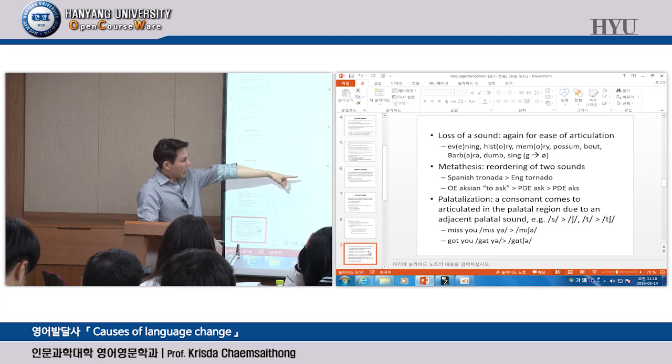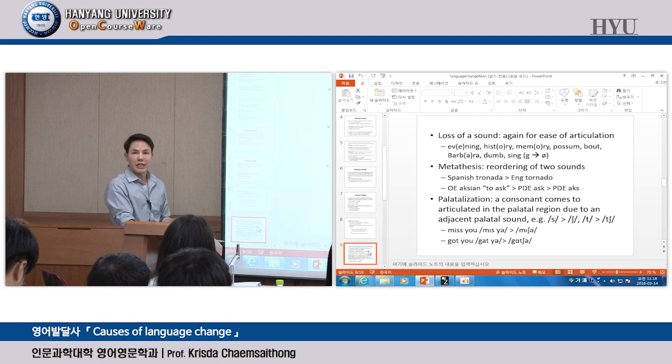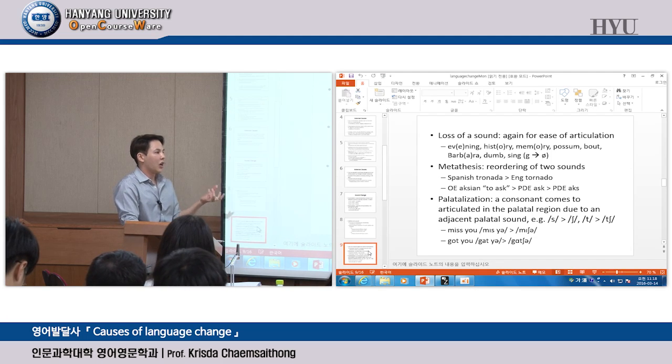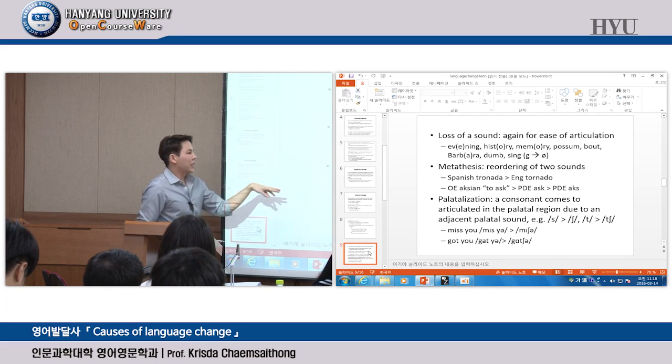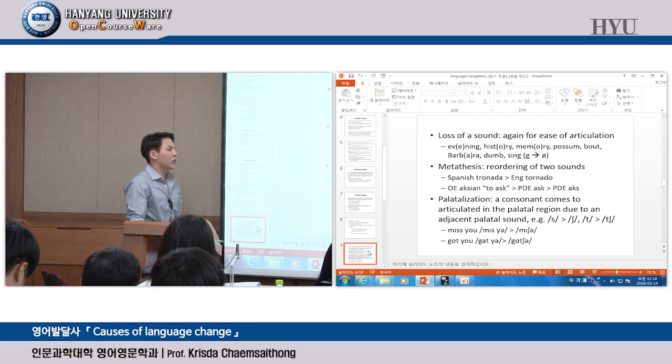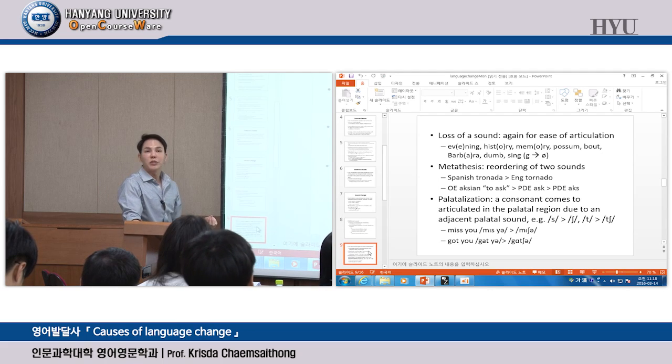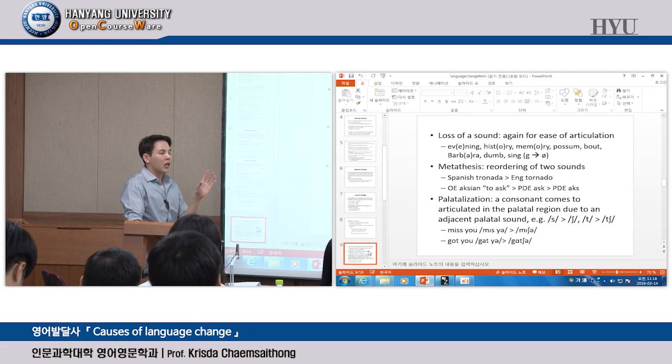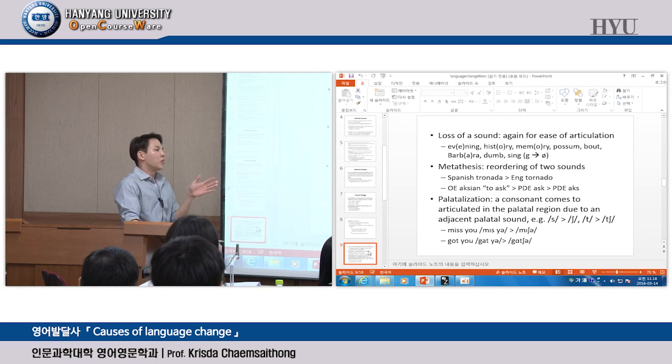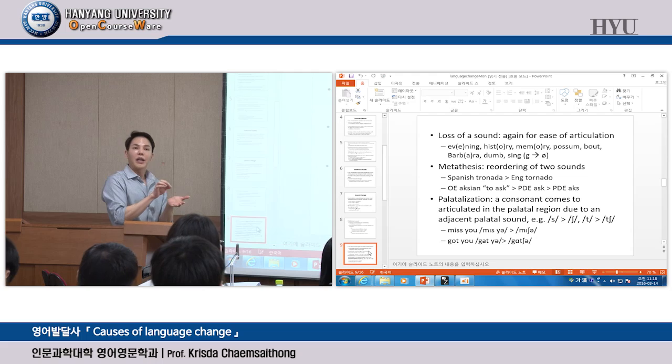And the last one, I think, is palatalization, the process whereby a consonant comes to be articulated in the palatal region due to an adjacent palatal sound. So whatever consonant it is that is near the palatal area will be pronounced as a palatal sound.